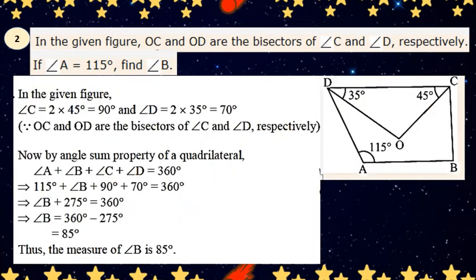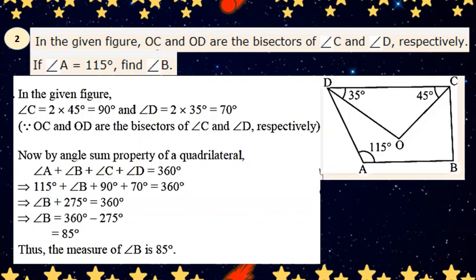We have one more question here. Observe. Let me read the question. In the given figure, OC and OD are bisectors. Bisector means OC, that line segment, cuts the full angle C into two equal parts.